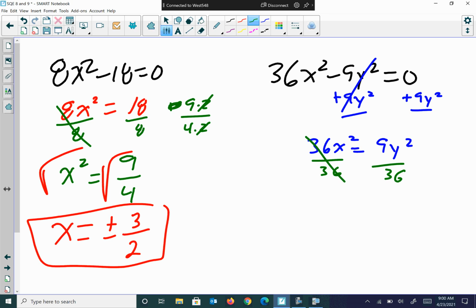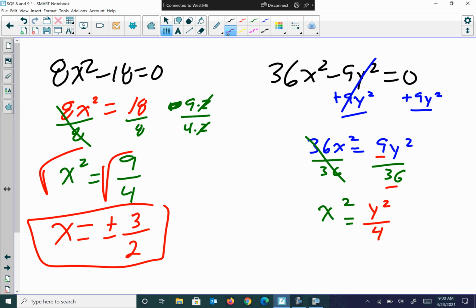So those cancel. So I get x squared equals 9 over 36. What does 9 over 36 reduce to? 1/4. So it becomes y squared over 4.